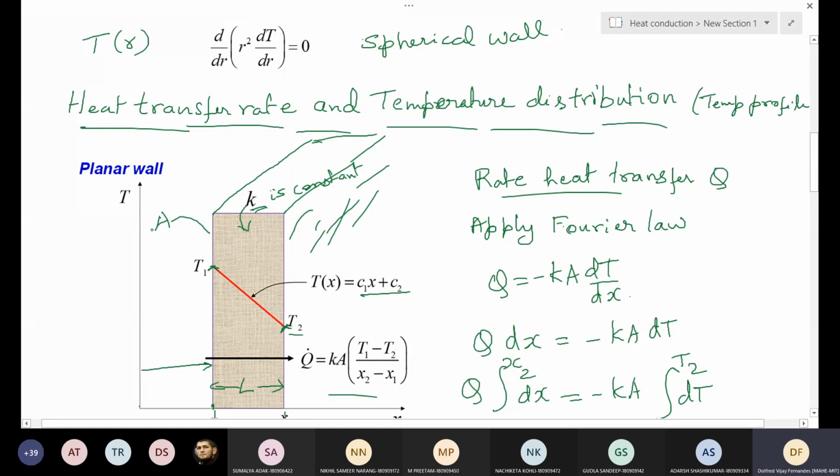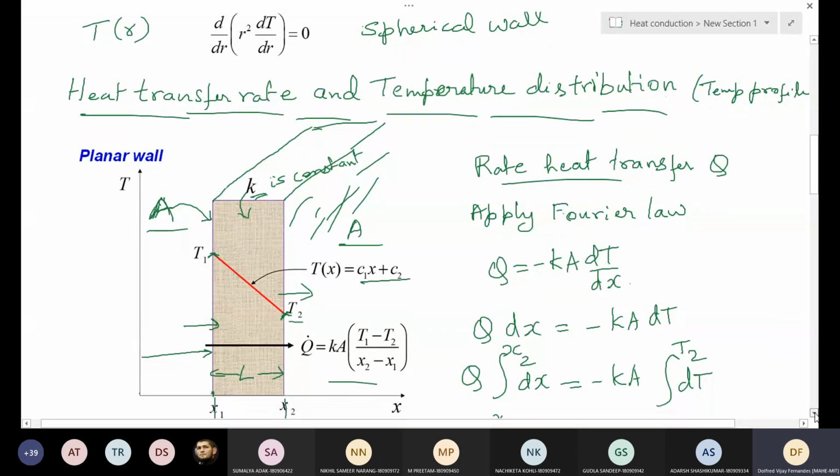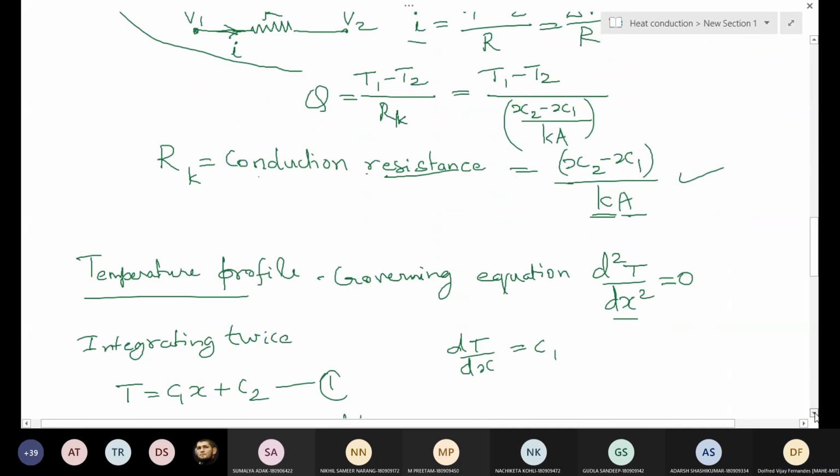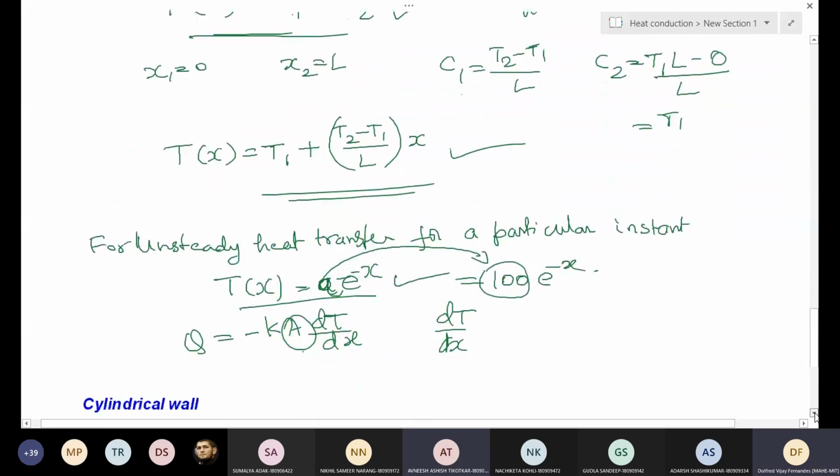The area on the left hand side of the wall where the heat enters and the area on the right hand side where the heat leaves will be the same. Will the area of heat transfer change or not? No, sir. Okay, so keep in mind, for the planar wall the area of heat transfer remains the same. But what about the cylindrical wall? Sir, it increases. Yeah, it increases.